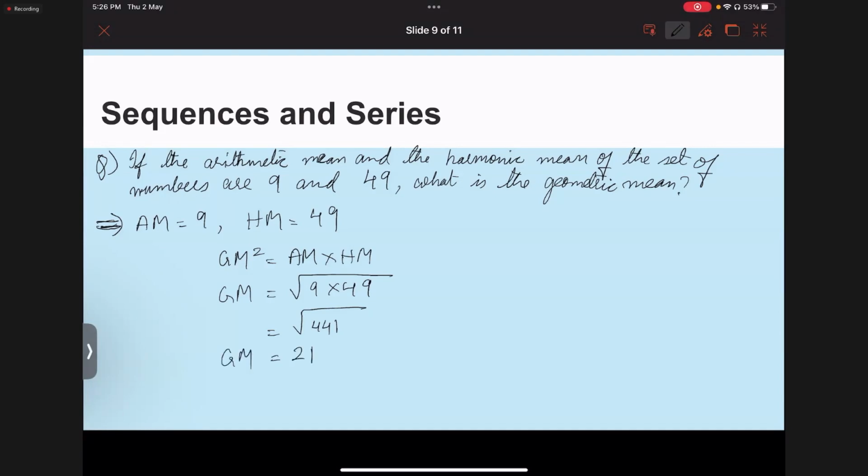So your geometric mean from the arithmetic mean and the harmonic mean is going to be 21. This is a comparatively easy way to understand. So let's see if we can do a few more sums with respect to this.